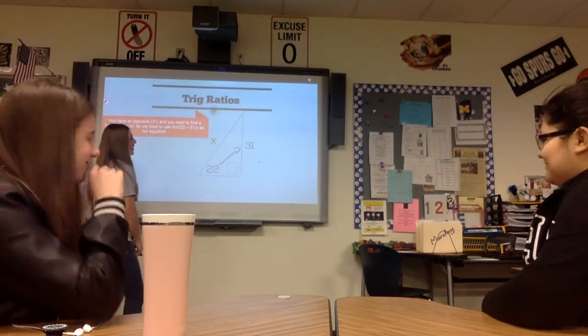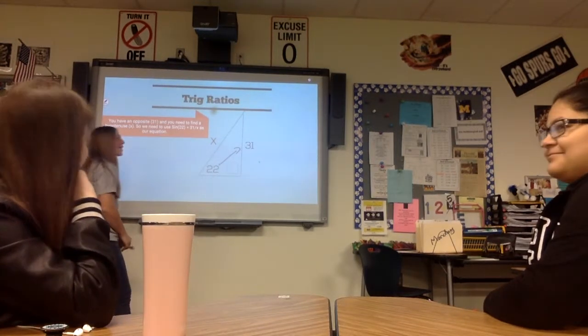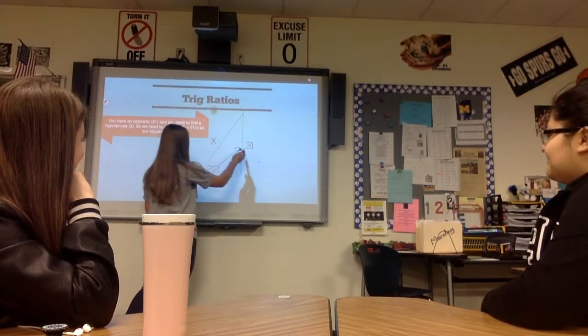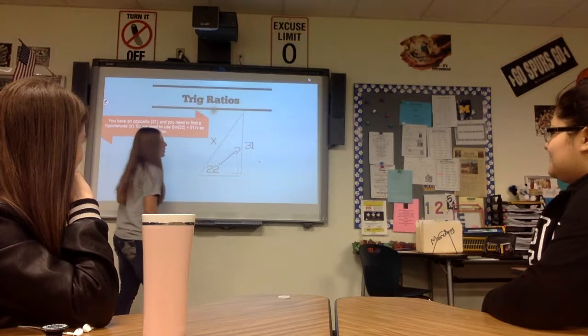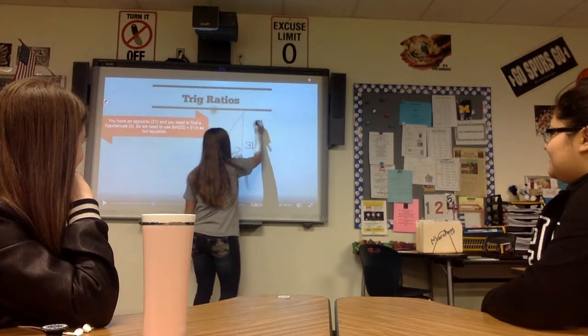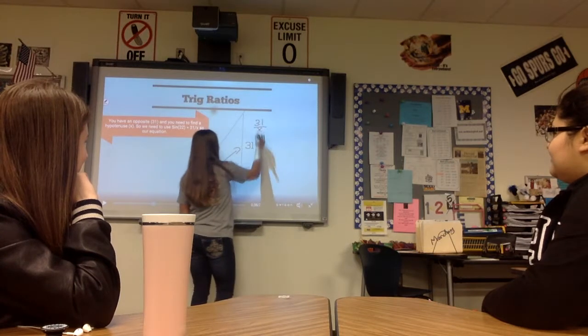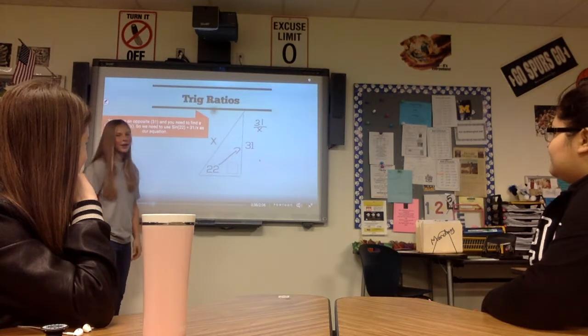You can tell we're using sine because we're using our opposite and our hypotenuse. So 31 goes over your hypotenuse, which is x. So get out your calculators, guys.